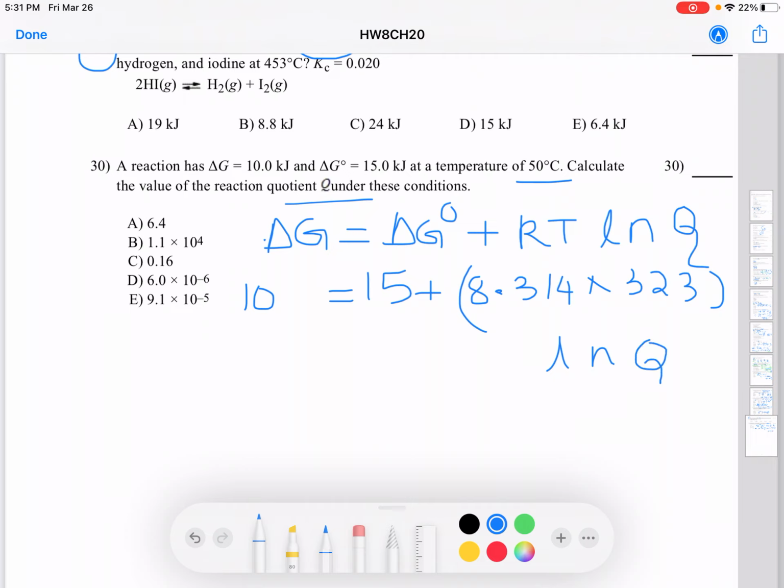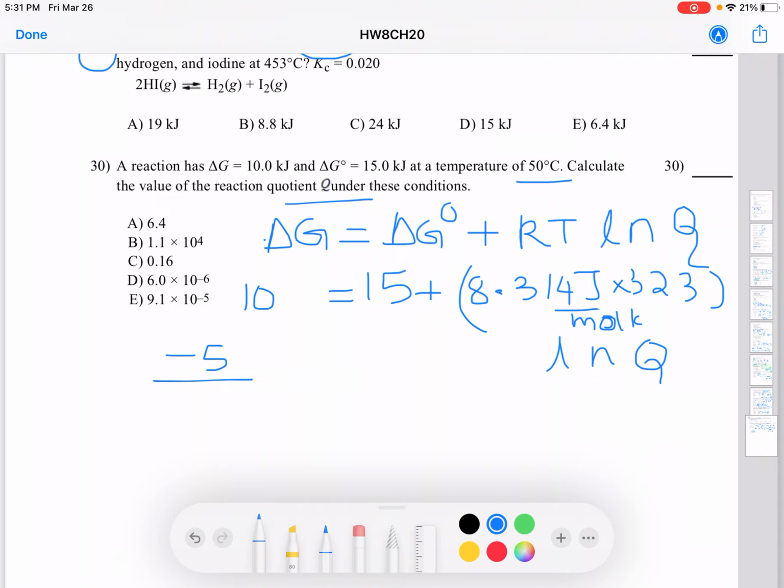So 10 minus 15 would be negative 5 from this side, and you divide it by 8.314 times 323. So this is joules per mole per Kelvin. Okay, so you want to make sure this value you're going to get from here needs to be converted to kilojoules.